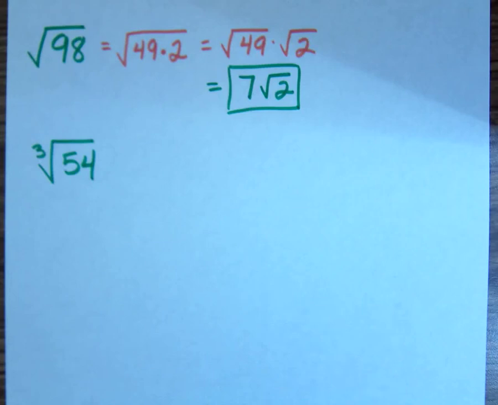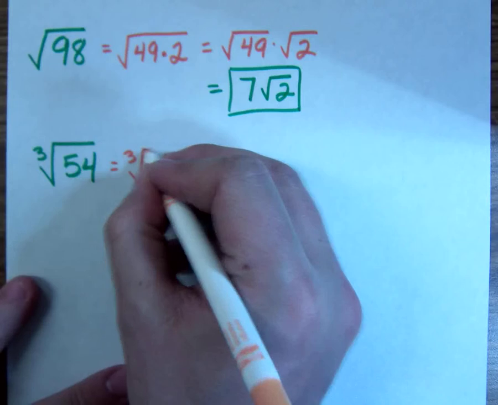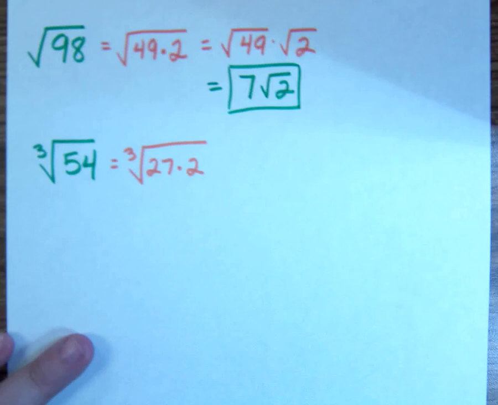So 1 cubed is 1, so 1 would be a perfect cube. 2 cubed is 8, so 8 would be a perfect cube. 3 cubed is 27, so 27 would be a perfect cube. 4 cubed is 64, which is bigger than 54. So what's the biggest number I just said that 54 can be divided by? 27. 54 is the equivalent of the cube root of 27 times 2.